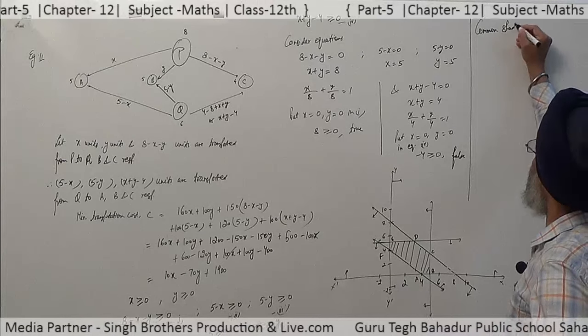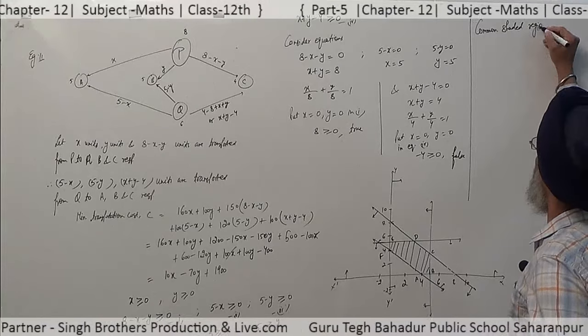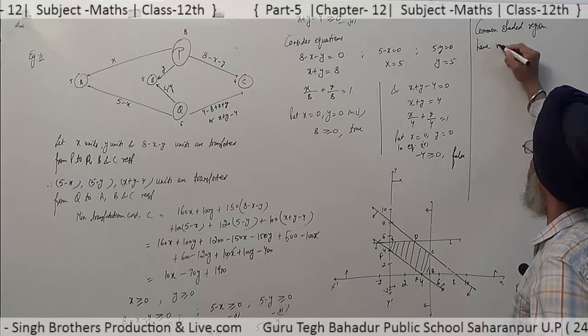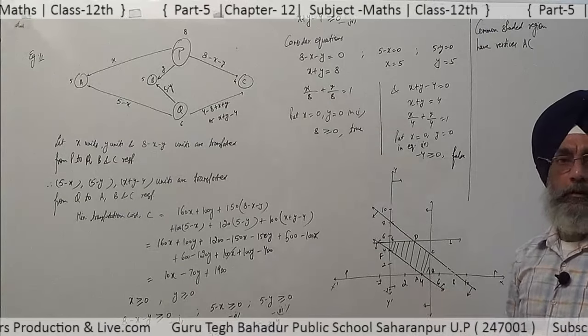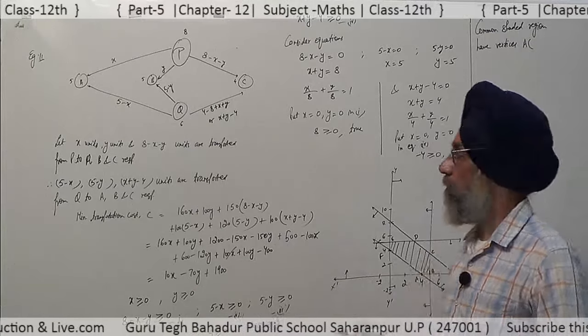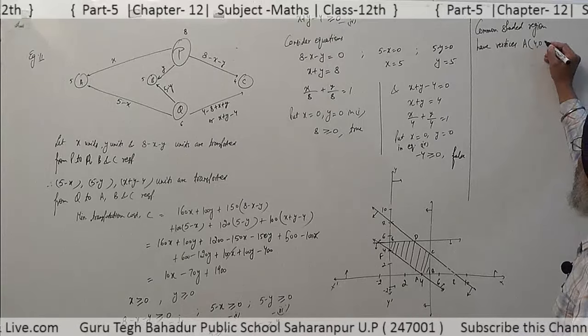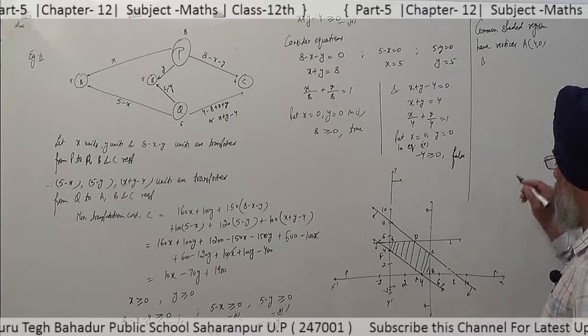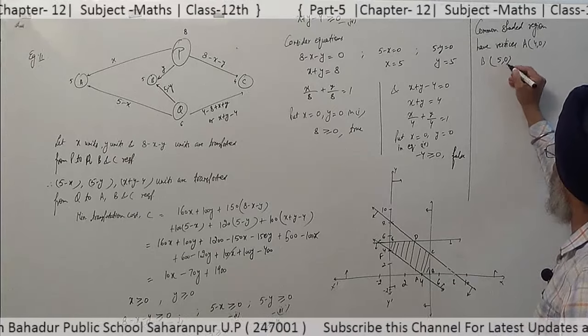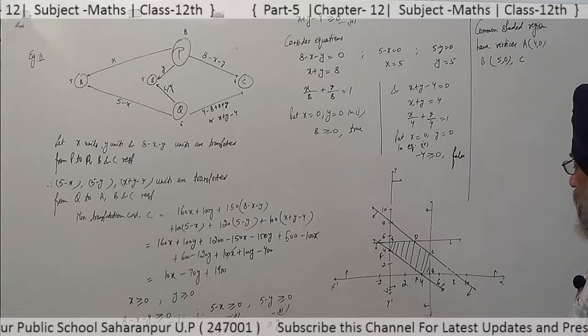Therefore, the common shaded region has vertices, with A here being 4, 0. Then B is here 5, 0. C, what is C here?